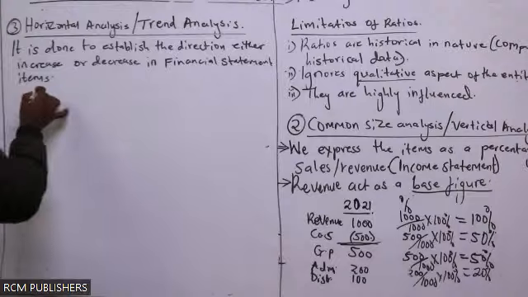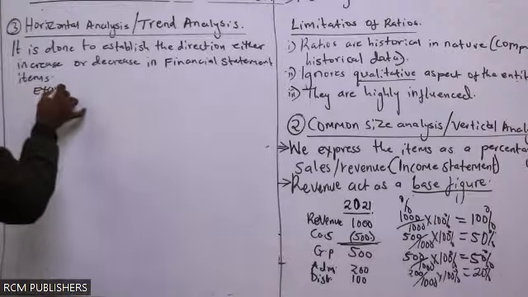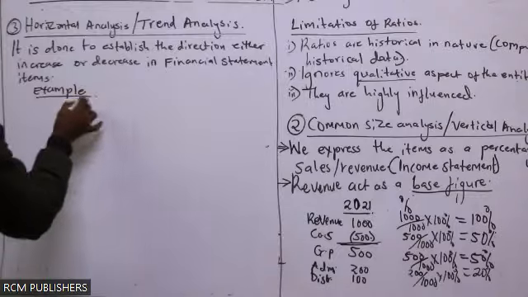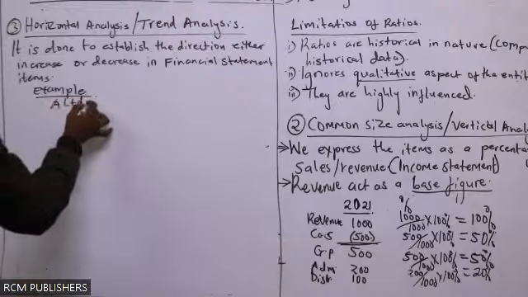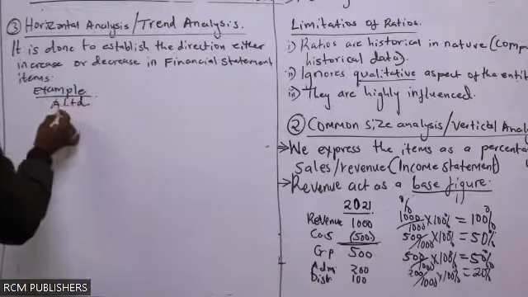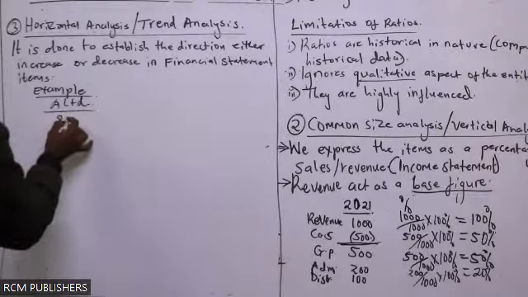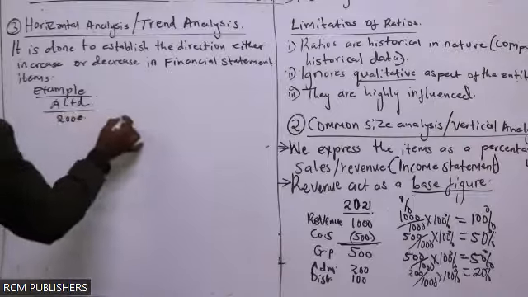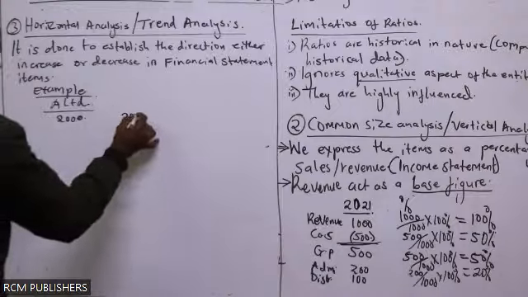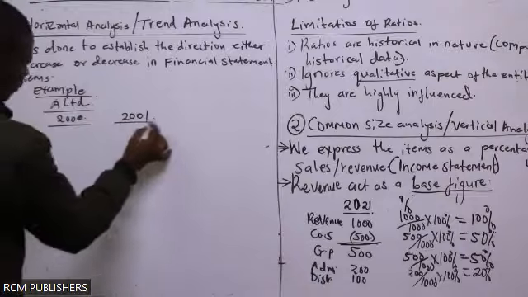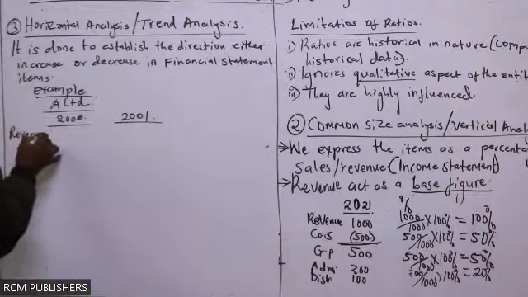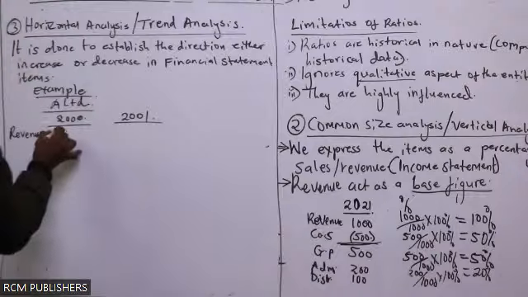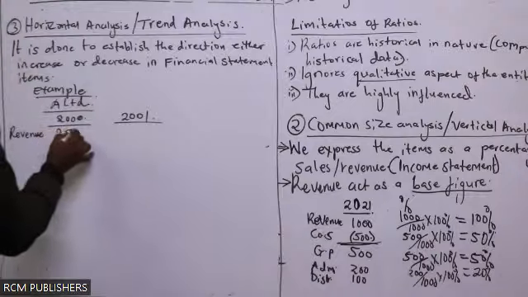For example, a limited company's financial statements for the year 2000 and 2001. In the year 2000, revenue was maybe 2,500.